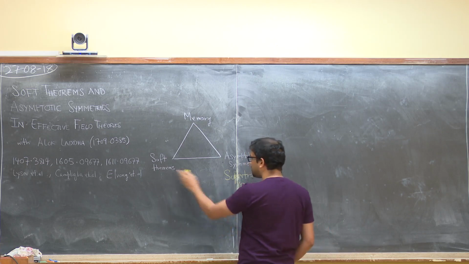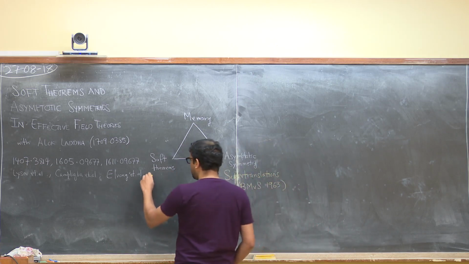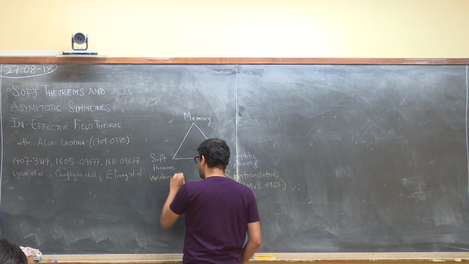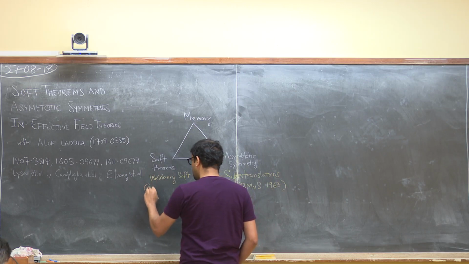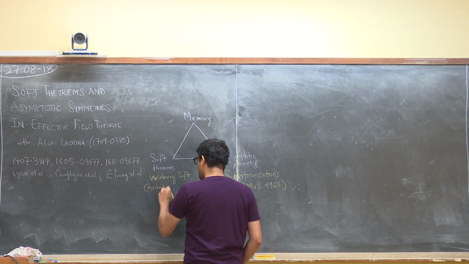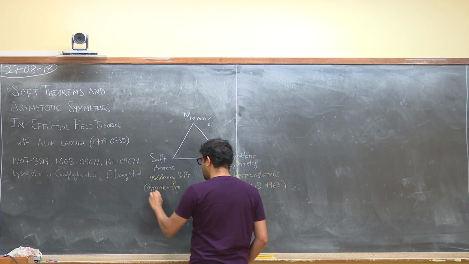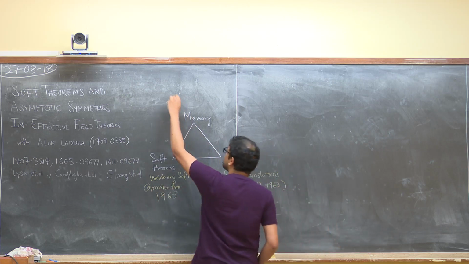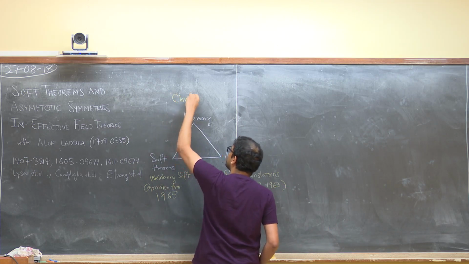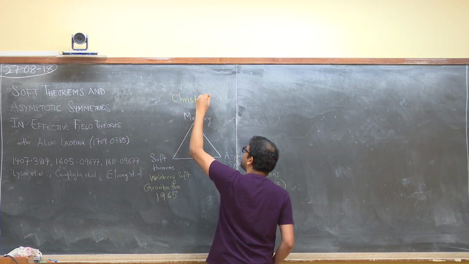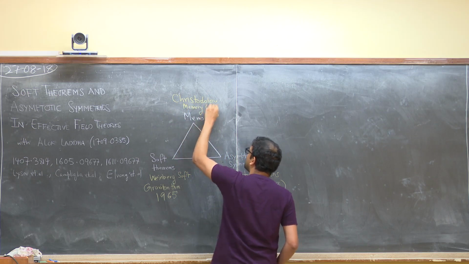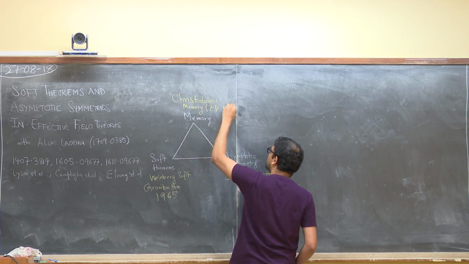The analogous soft theorem to this symmetry was Weinberg's soft graviton theorem, which was in 1965. And the memory aspect of this is the so-called linear memory, or Christodoulou memory for the nonlinear one, which was by Zeldovich and Polnarov in 1974.